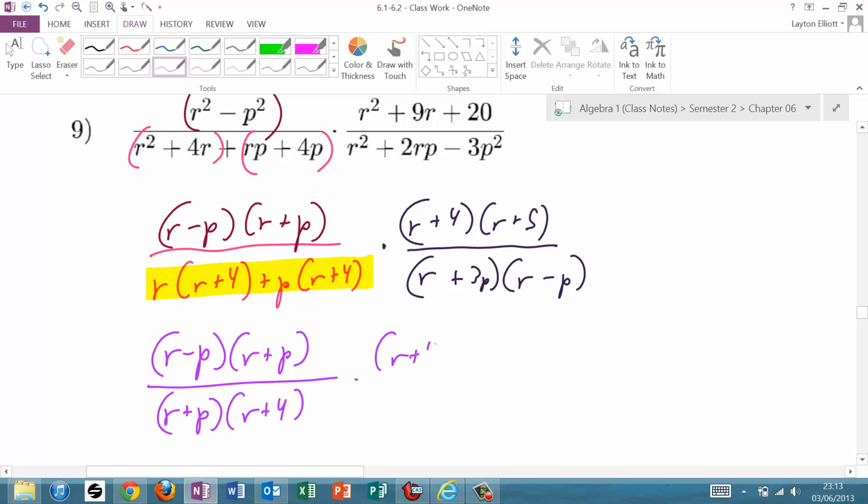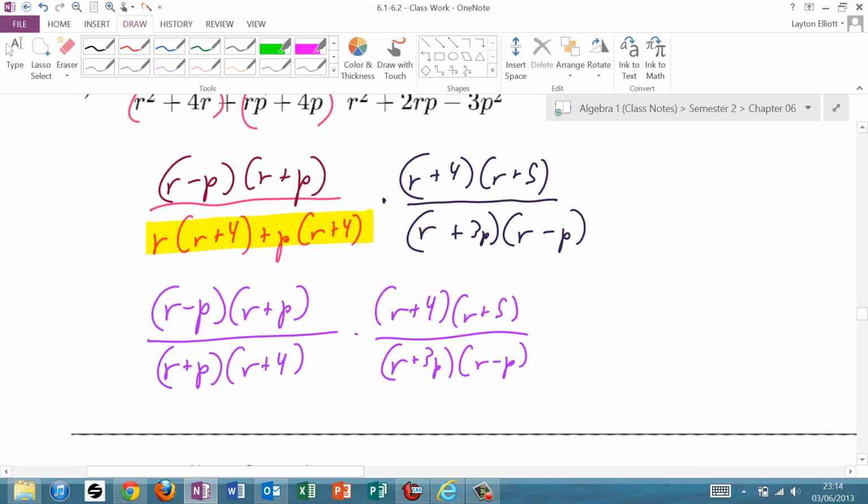Rewrite the entire second part, r plus 4, r plus 5, over r plus 3p and r minus p. Look for things to cancel. The r plus 4s are gone. The r plus p's are gone. The r minus p's are gone. And that's it. So I'm left with r plus 5 over r plus 3p.